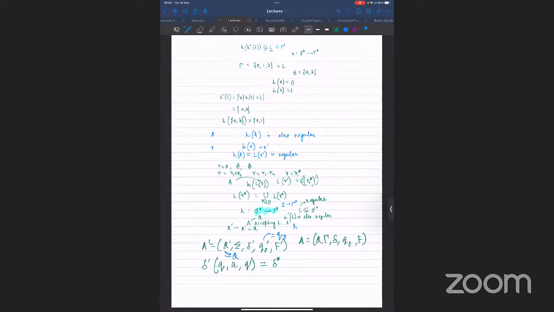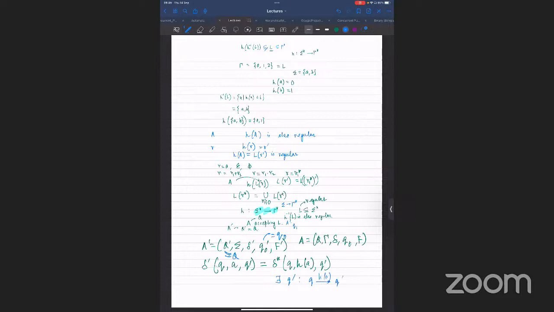Then we are talking about delta prime of Q, a, Q prime equal to delta star of Q, H of a, Q prime. So there exists Q prime such that Q on H of a goes to Q prime.